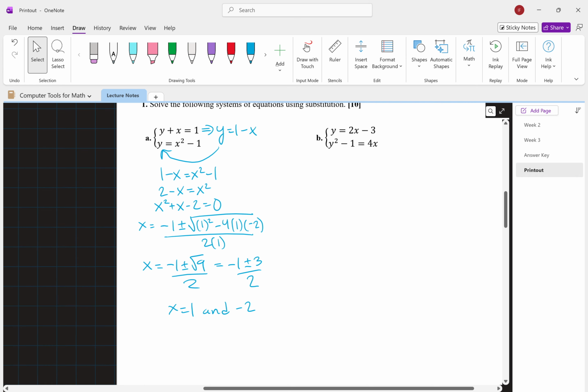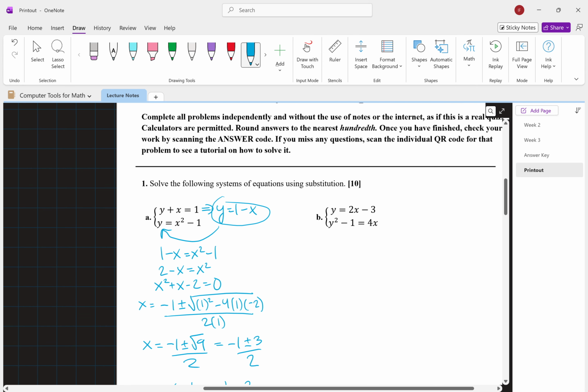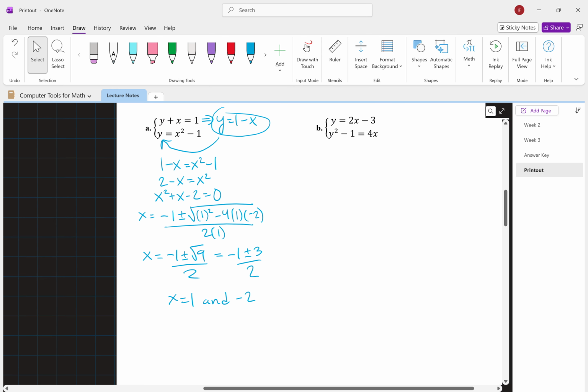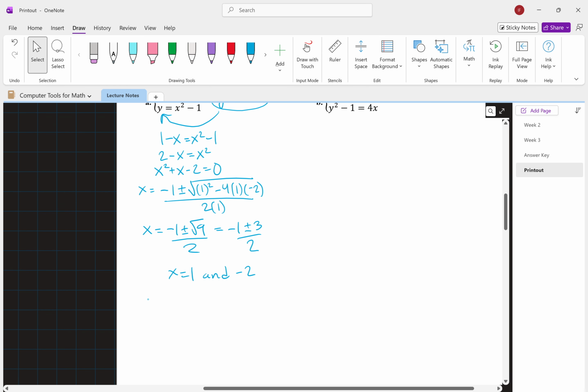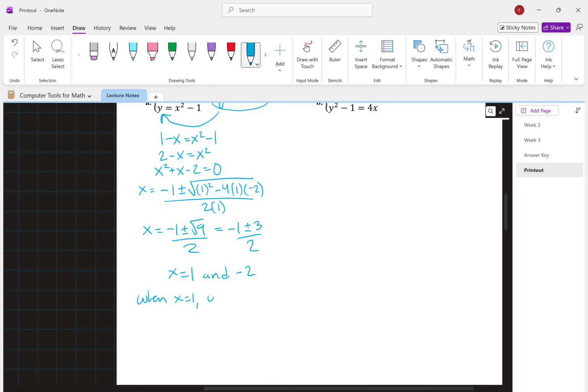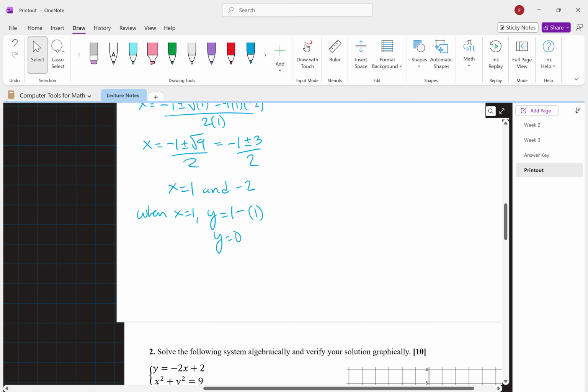So if you plug these values back into our first equation up here, the y is equal to 1 minus x, when x is equal to 1, y is equal to 1 minus 1, y is equal to 0.